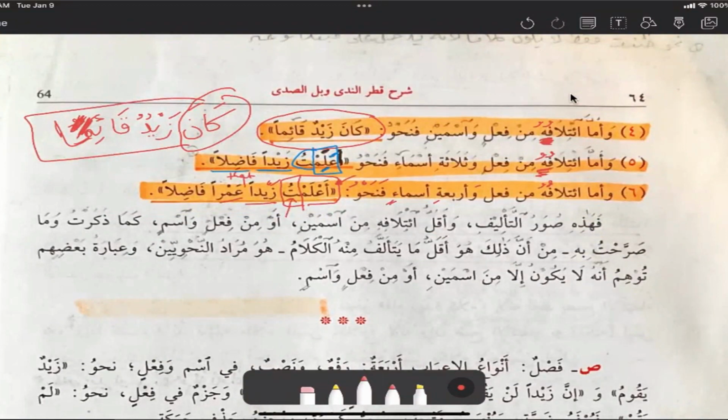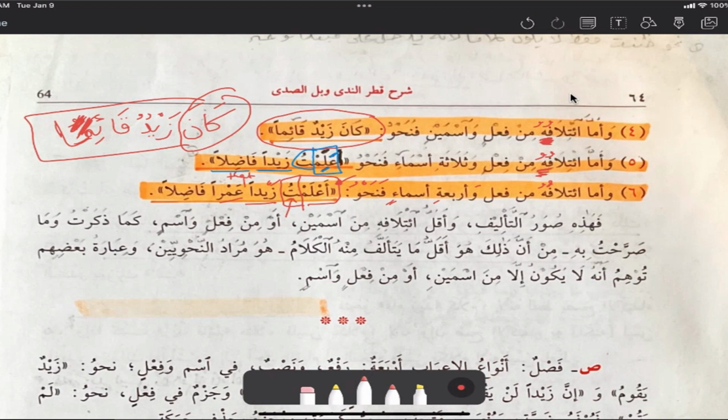Because sometimes a verb in Arabic, by virtue of its meaning, needs an object. And sometimes it needs two objects, like gave, ata. You say, I gave Zayd. It's not complete yet. So you have to say another one. I gave Zayd money, for example.